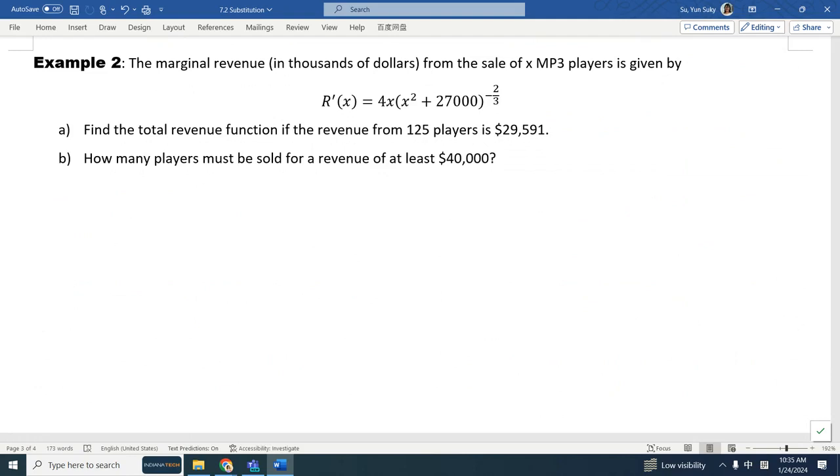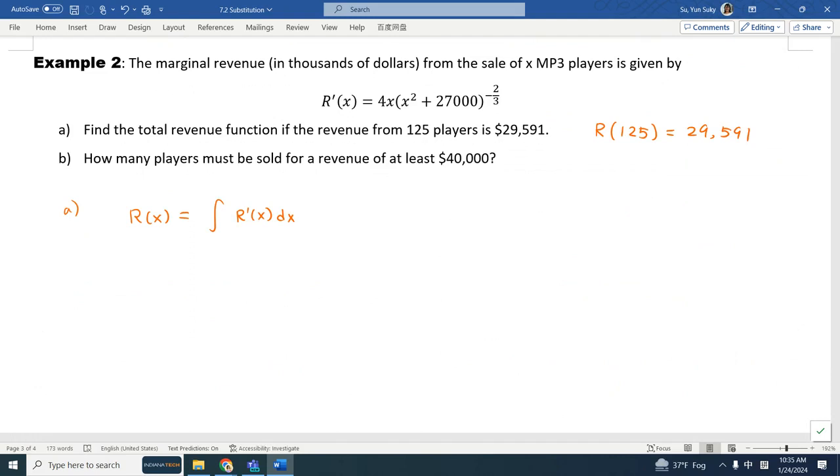So part A, R of x is the integral of the R prime of x. Okay. And here, do you see the revenue from 125 players is, so this means R of 125 is 29591.